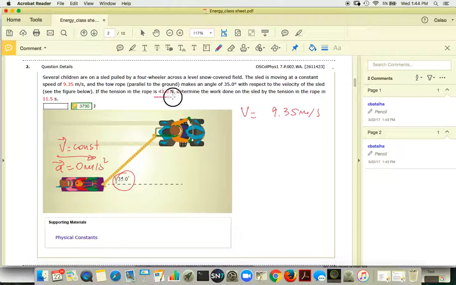The tension is given, 43 newtons. Determine the work done on the sled by the tension. In the sled you have all kinds of forces. You have the tension, and you have friction. It has to have friction because that thing is moving with constant velocity.